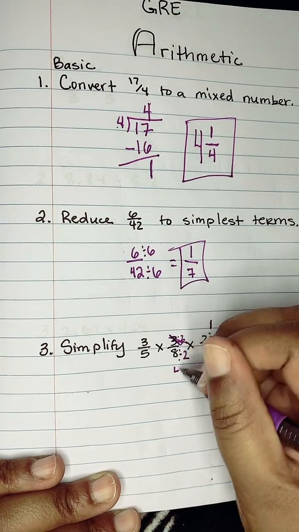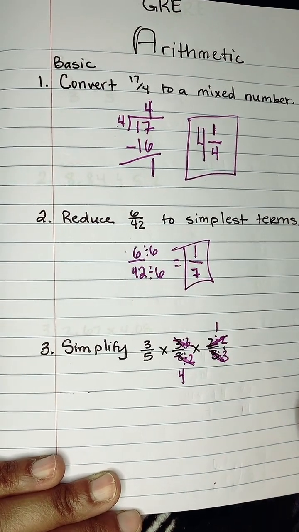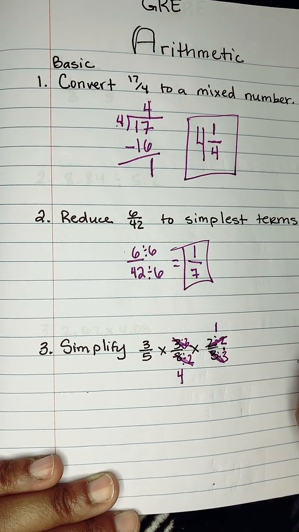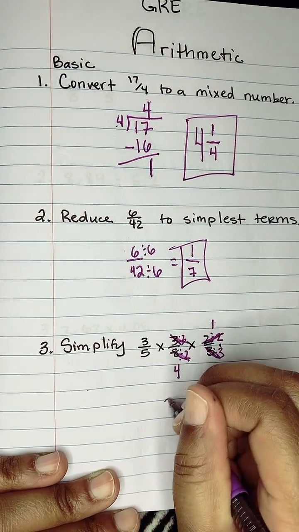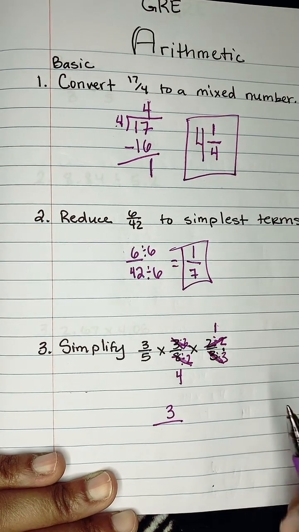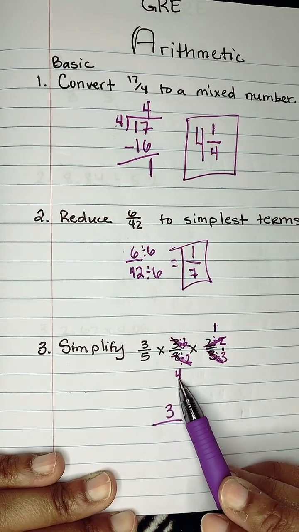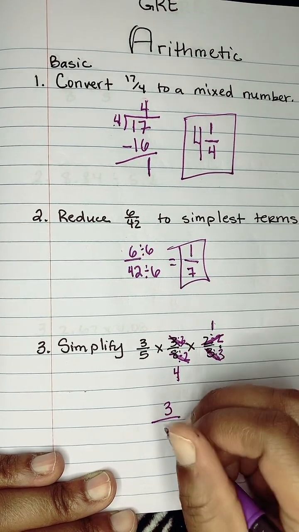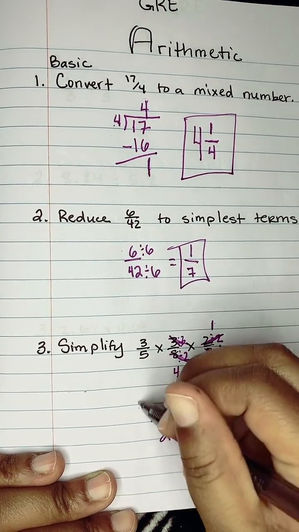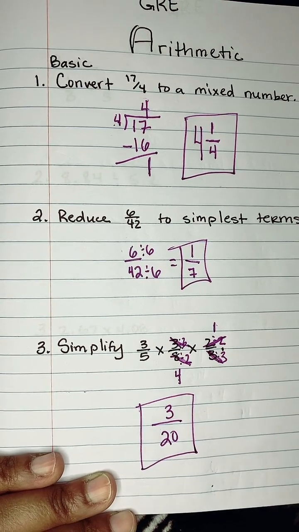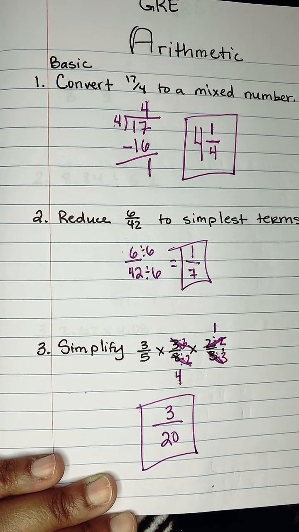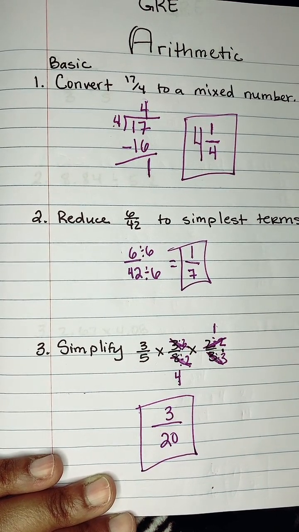And 8 divided by 2 is 4. So we would have 3 times 1 for our numerator. And then we will have 5 times 4, which is 20. And that is how we cross simplify, cross cancel.